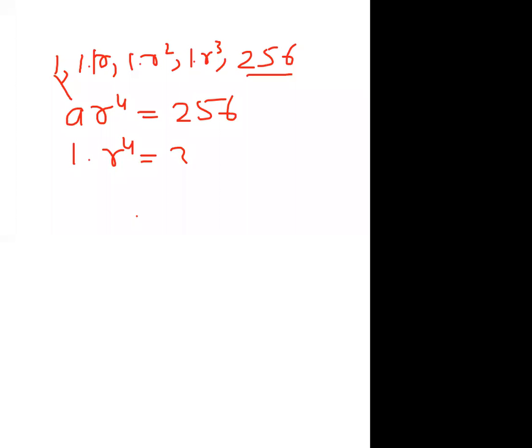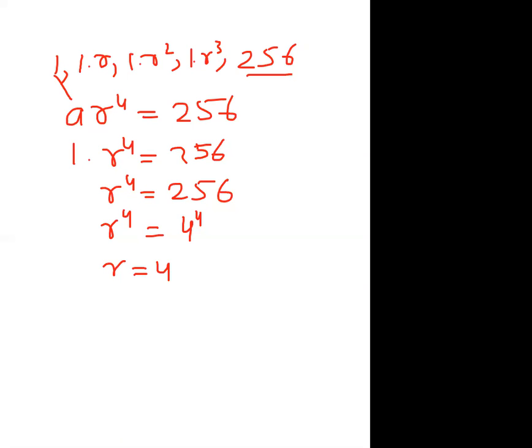R to power 4 equals 256. What will be the value of R? R to power 4 will be equal to 4 to power 4, I suppose. So R is equal to 4.